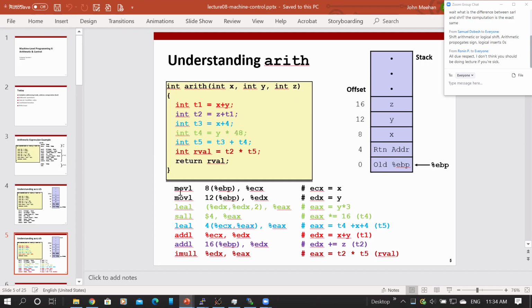So you see, it did all this stuff we wanted, but it didn't do it in the order we listed it because it figured out it could do it more efficiently, leaving these values in these registers, right? If it did it in that sequence.